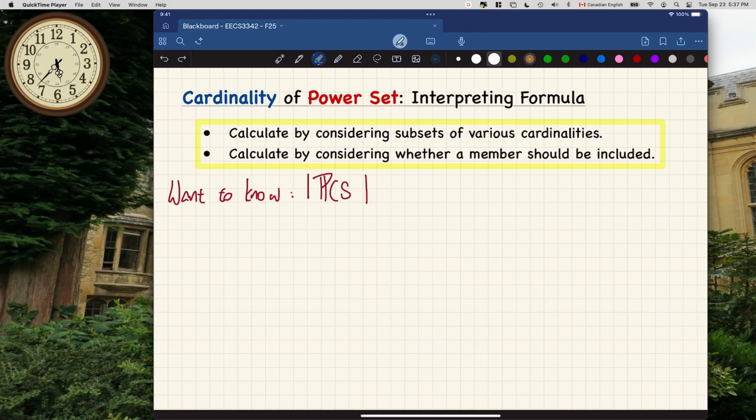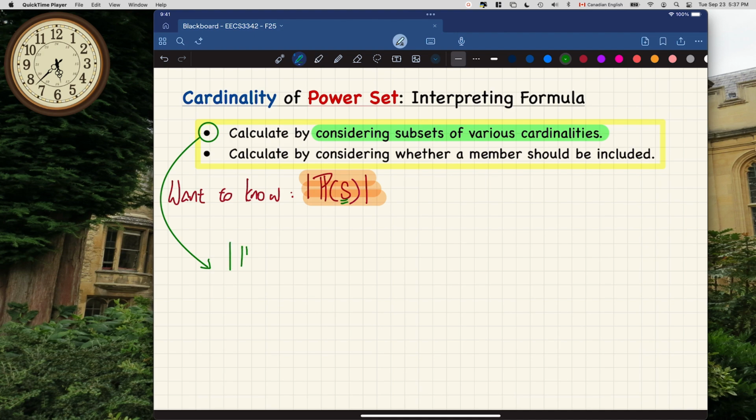Okay, let's see. We want to calculate the cardinality. The first way is basically to consider all the subsets, that's approach number 1, by considering the subsets of the various cardinalities. That's pretty much what we just recapped. Let's review this one quickly. Because we are talking about this particular set, the cardinality of the power set of S will be equal to all the different ways of choosing a subset depending on its cardinality.